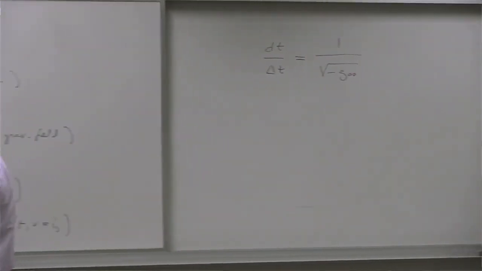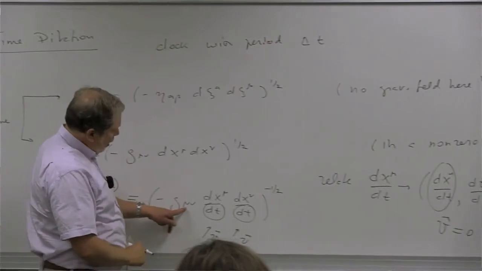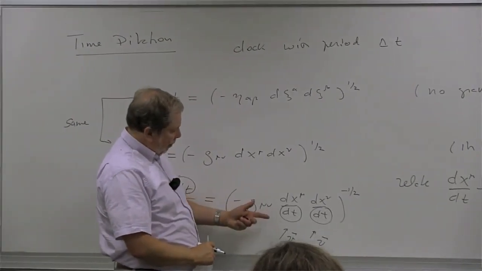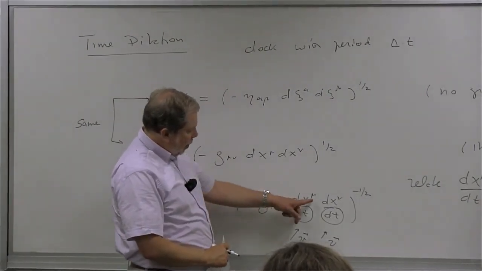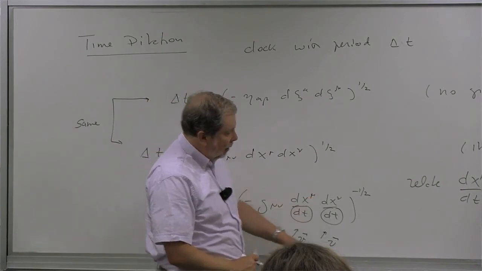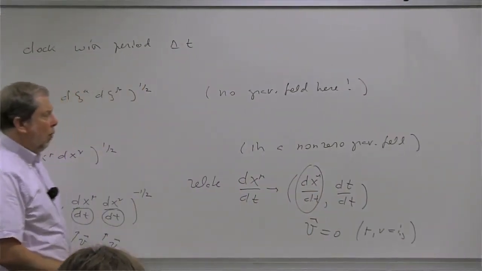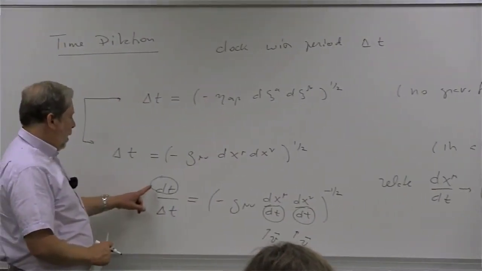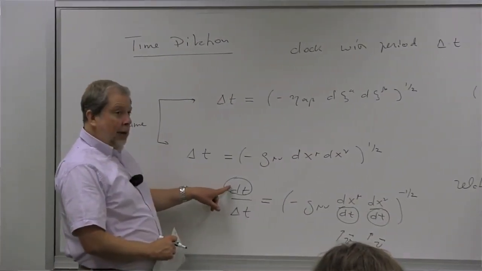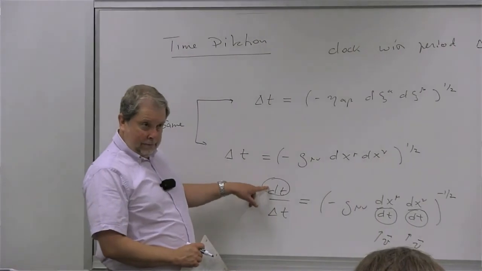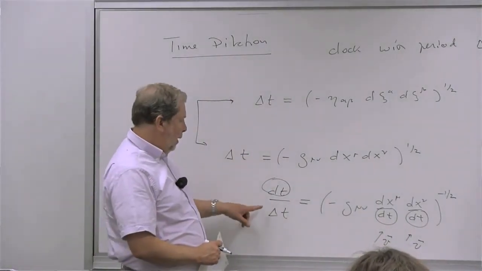Right? How do we get that? Well, it's obvious, right? So mu and nu are equal to 0 because all the velocities are 0. And then we have dx naught by dt. But dx naught by dt is dt by dt, which is 1. So we just have 1. And so this is the time interval attached to this clock in a gravitational field.